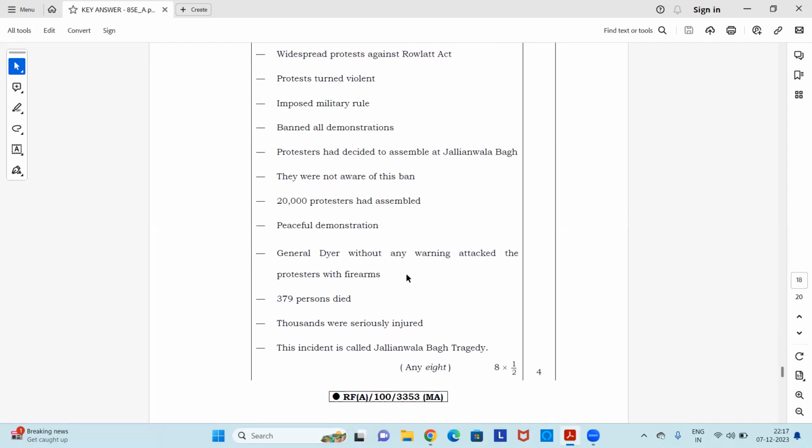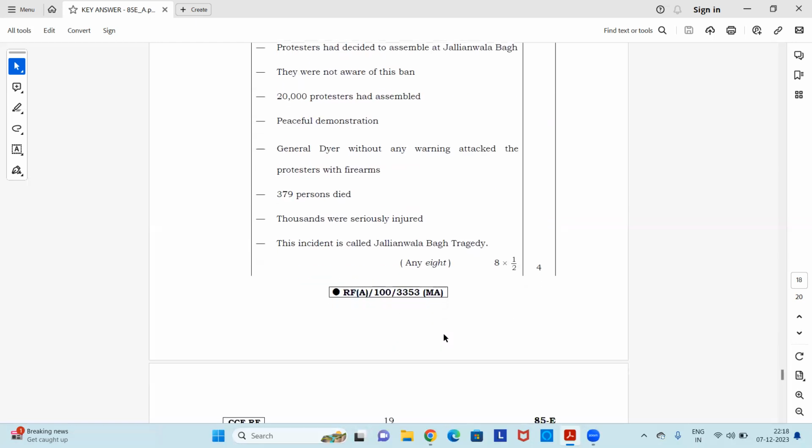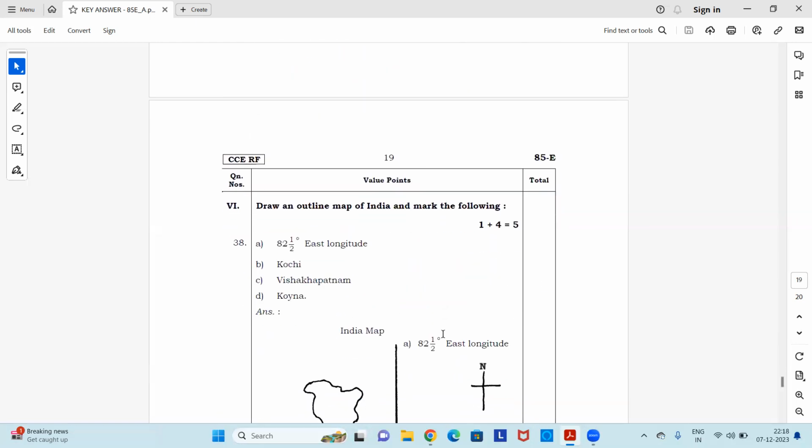General Dyer, without any warning, attacked the protesters with firearms. 379 persons died. Thousands were seriously injured. This incident is called the Jallianwala Bagh tragedy. If you remember these points, you can make the whole page answer. But this is for 4 marks, so you need to write 8 points.